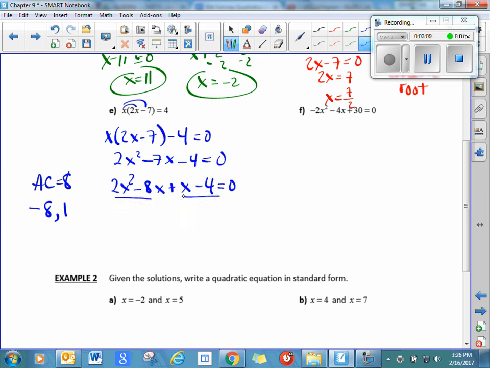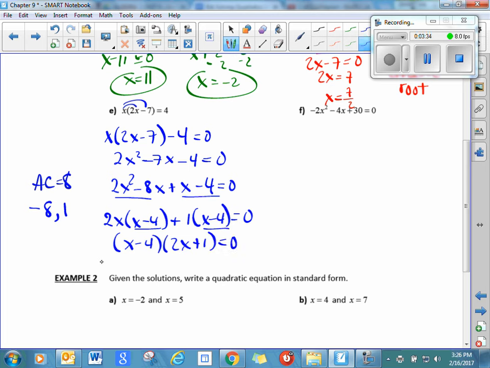I'm going to group, and when I group, I can take out a 2x out of these first two terms. I get 2x times x minus 4. This term I will take out a positive 1, which leaves me with the x minus 4 that I need to match with that one. So my two factors are x minus 4 and 2x plus 1 equal to 0.